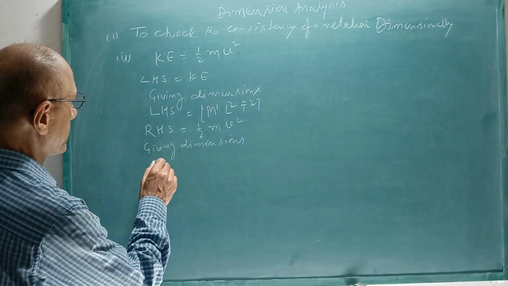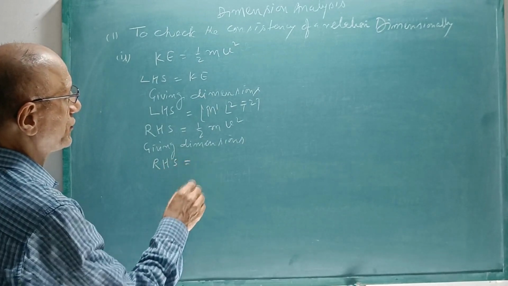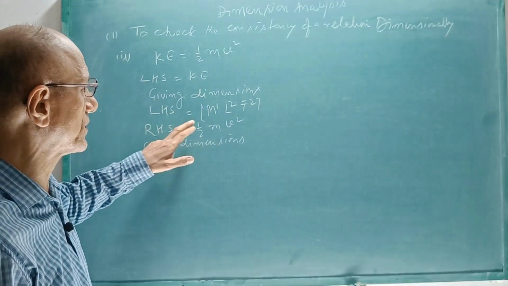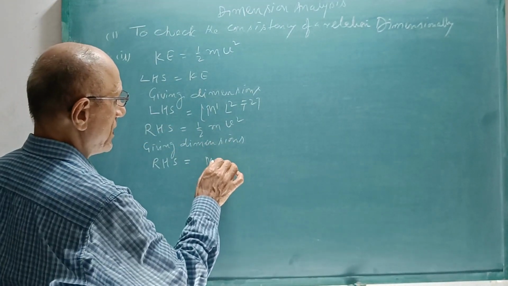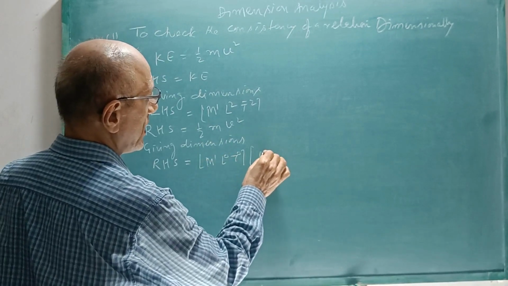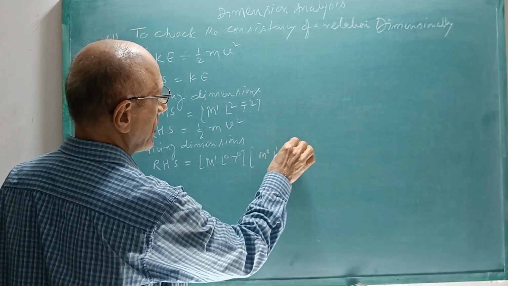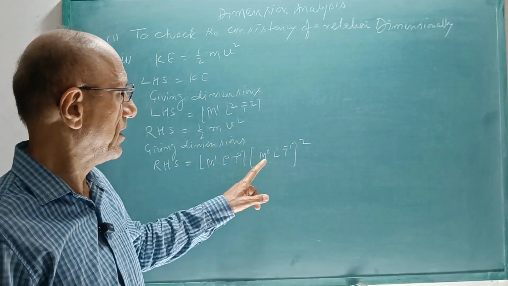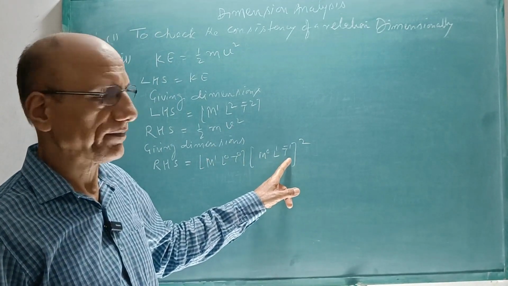So the RHS equals the dimensions of half, which is dimensionless because it's a constant. Then M is M1 L0 T0. Then V is M0 L1 T minus 1 whole power 2. Velocity is M0 L1 T minus 1.